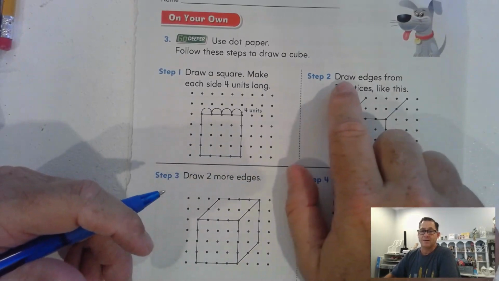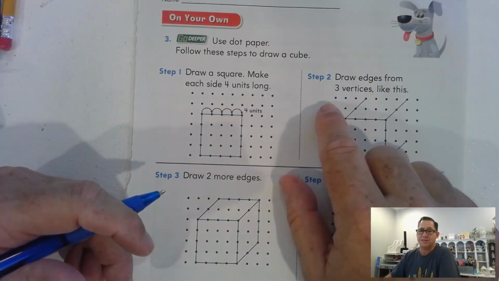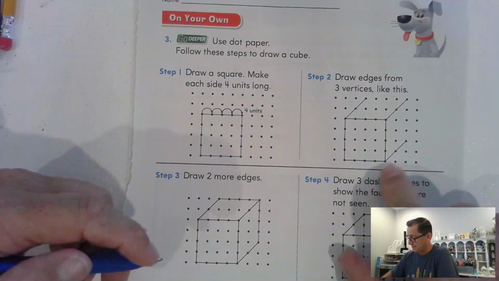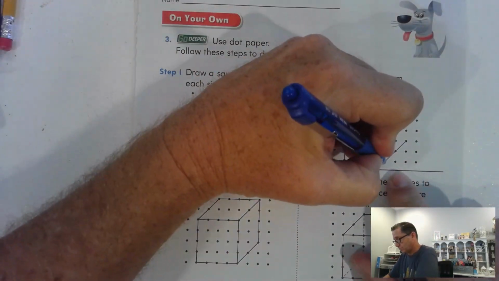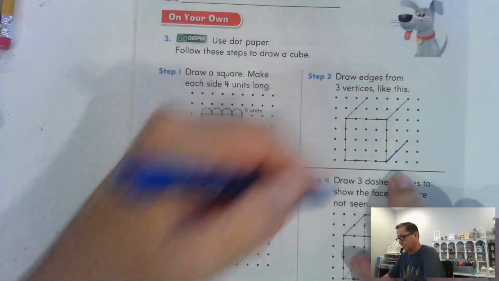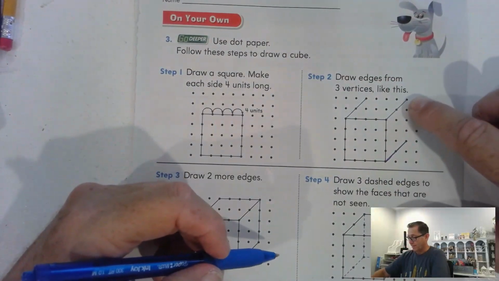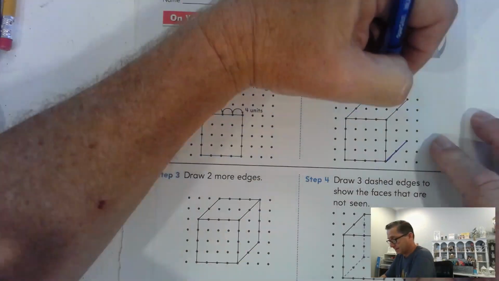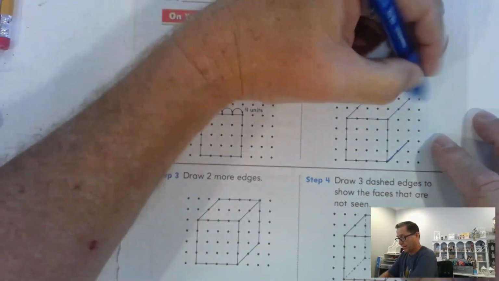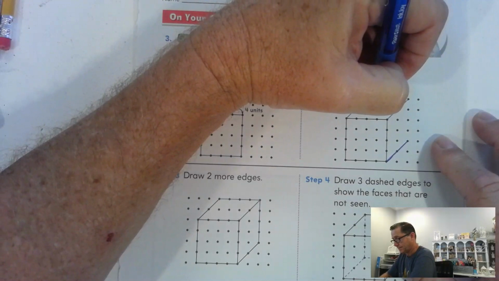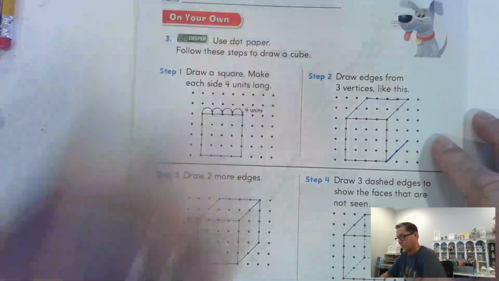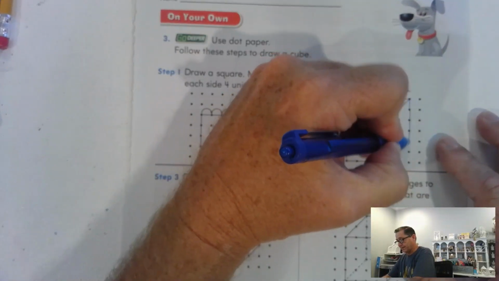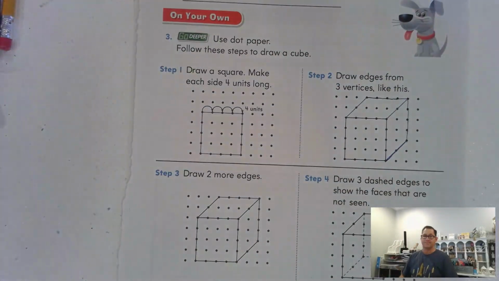Now, step 2, you're going to draw edges from 3 of the vertices, like this. We want it to be 4 going down, 1, 2, 3, 4, and we want it 4 going back, 1, 2, 3, 4.